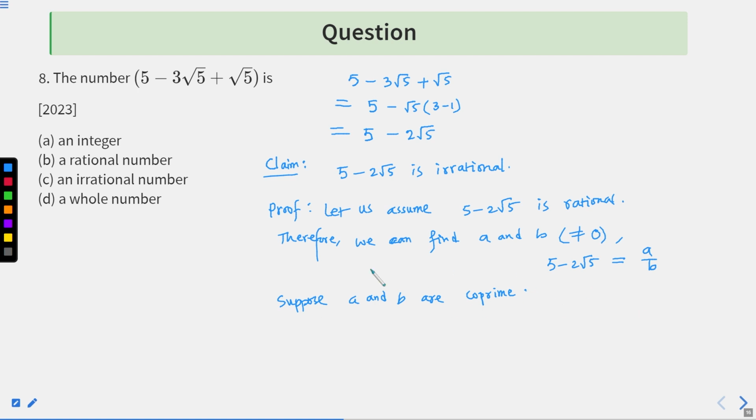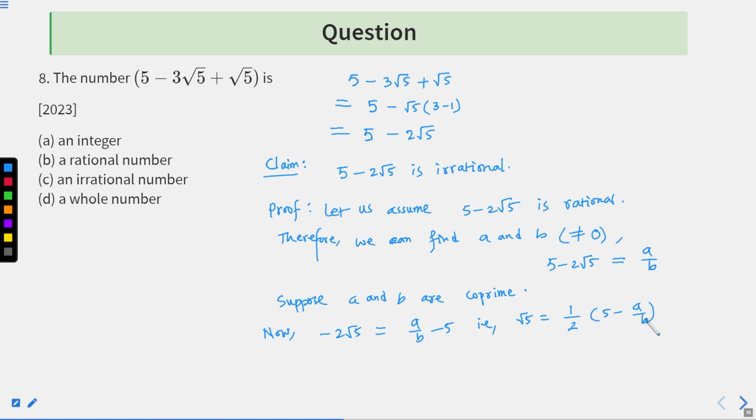Now we rearrange this equation: minus 2 times root 5 equals A over B minus 5. So root 5 is equal to 1 over 2 times (5 minus A over B).